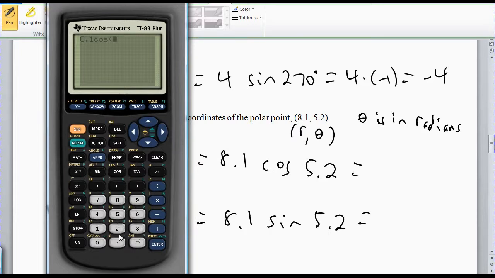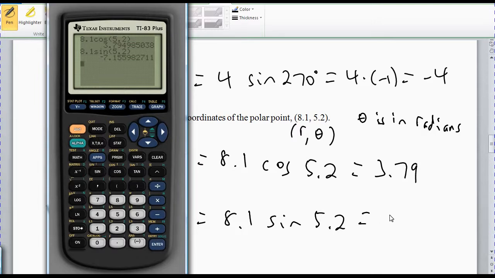Cosine 5.2, and we'll hit enter and we get, let's just round to two places, 3.79. And then I'm just going to hit second enter and move it over and hit sine, because that's what changes from x to y.